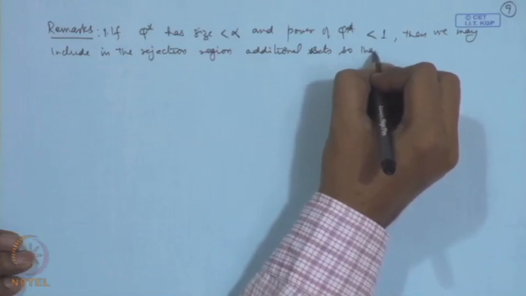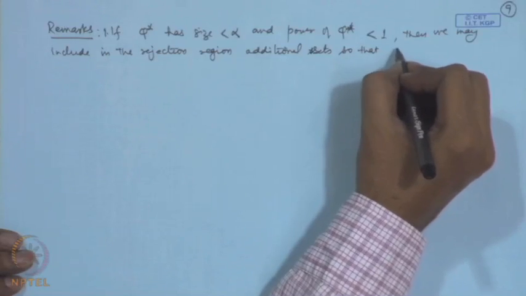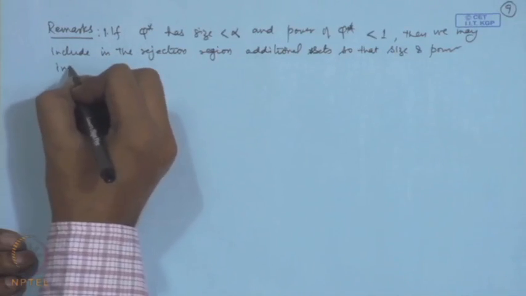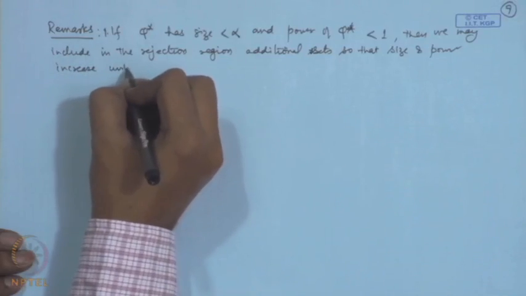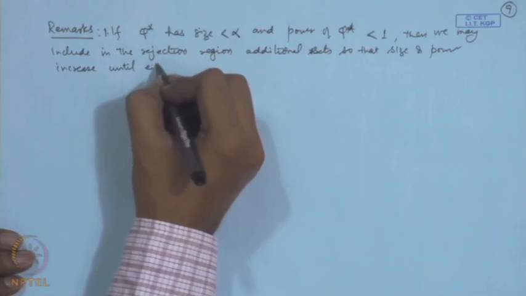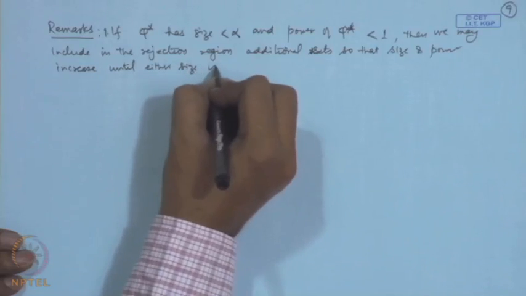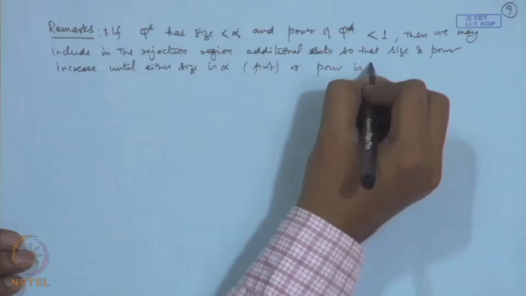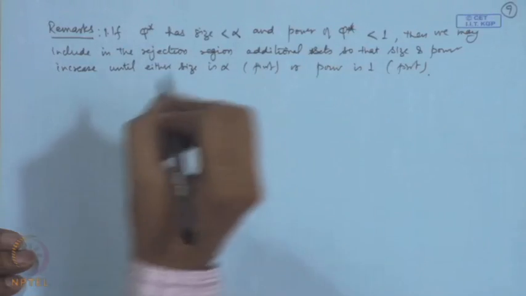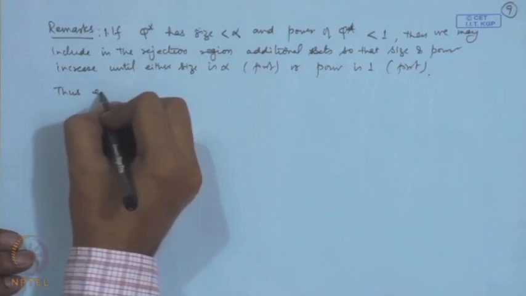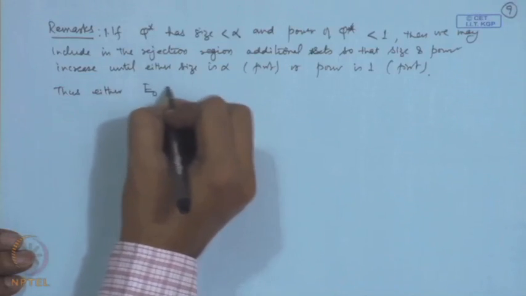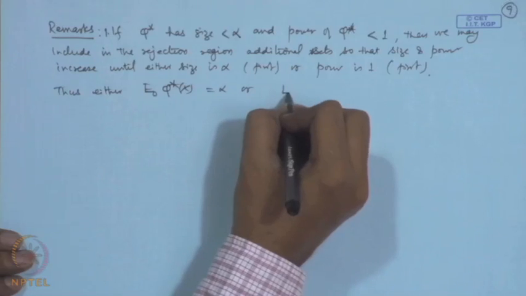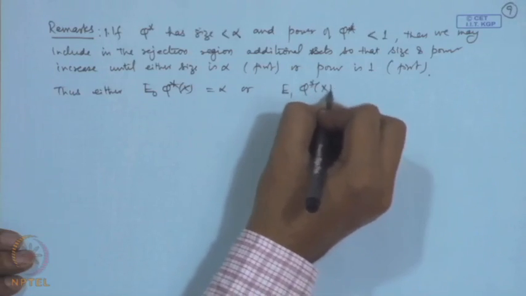So that size and power increase until either size is alpha first or power is 1 first. So, thus we will have either expectation of phi star equal to alpha or expectation of phi star x equal to 1.